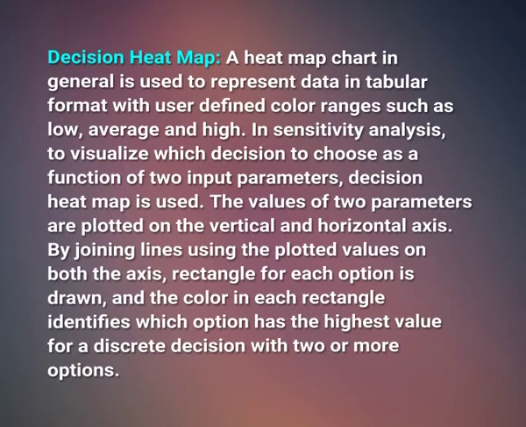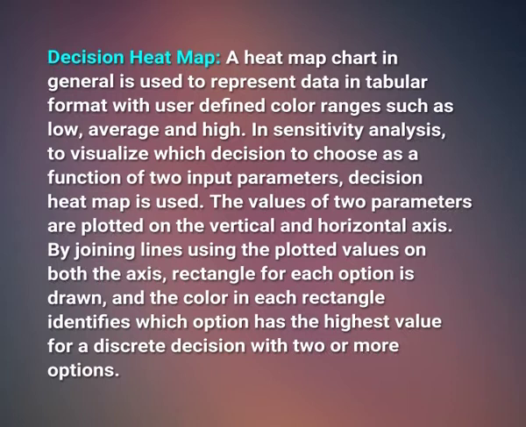Decision heat map. A heat map chart in general is used to represent data in tabular format with user defined color ranges such as low, average and high. In sensitivity analysis, to visualize which decision to choose as a function of two input parameters, a decision heat map is used.